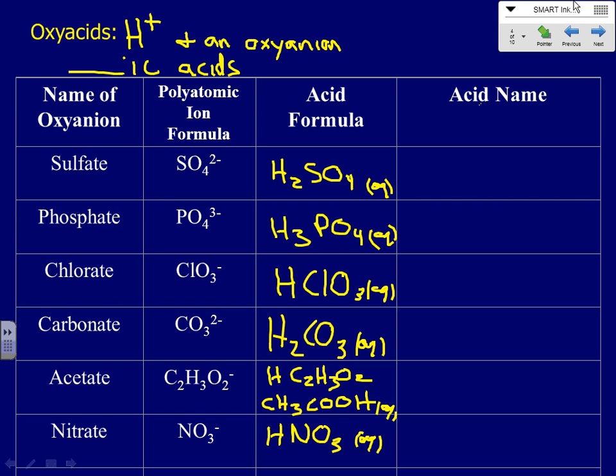They're just blank-ic. So we simply get an ic ending on these. So if I take the sulfate, it's not hydrosulfuric, it's just sulfuric. It's even simpler than the name for the binary ones.